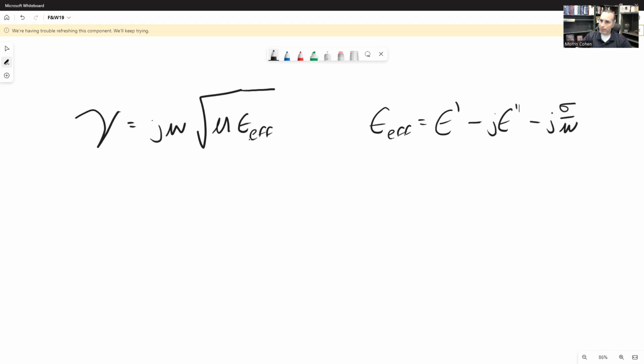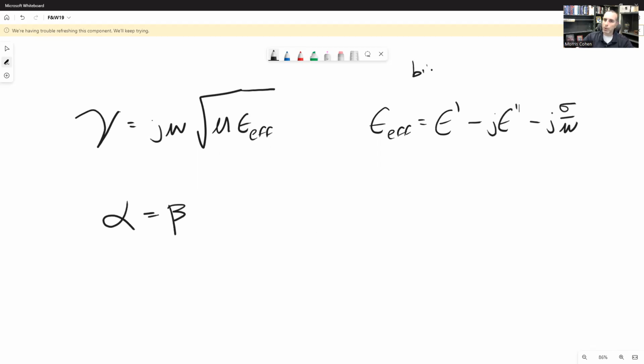Now, in the event that we have a very big sigma or very big epsilon double prime, epsilon effective will be very close to an imaginary number. If epsilon effective is nearly an imaginary number, then gamma will be very close to an imaginary number as well. And if you work through the math, what you'll find is that alpha equals beta for very large conductivity.